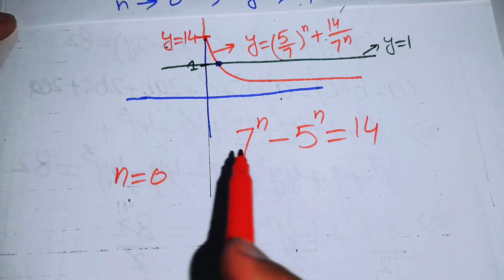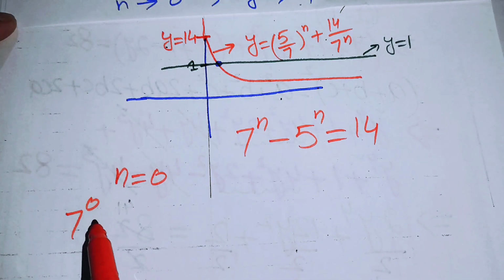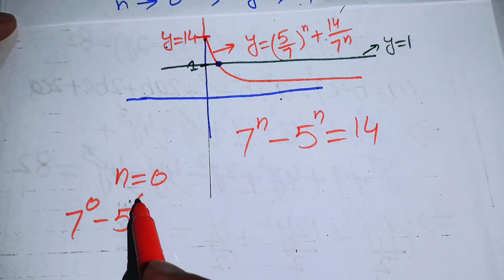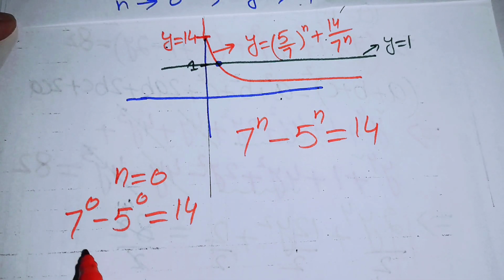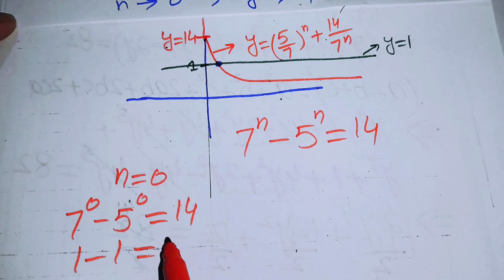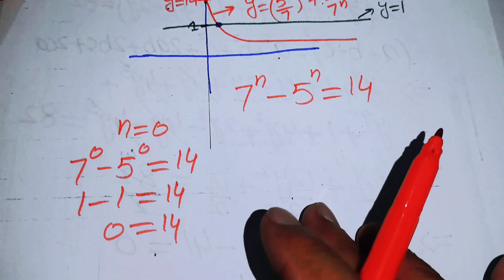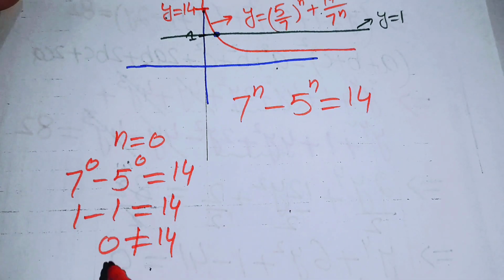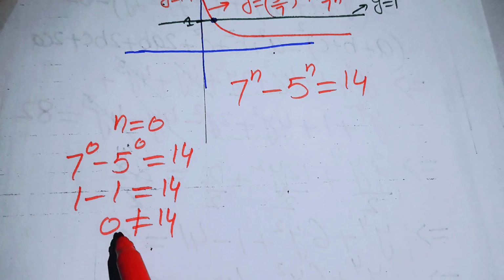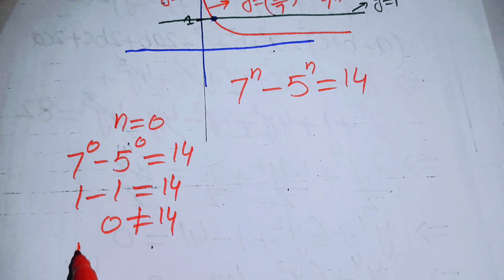When you put n is equal to 0, it becomes 7 to the power of 0 minus 5 to the power of 0 is equal to 14. Here you see that 1 minus 1 is 0, which is equal to 14. And you know that 0 is not equal to 14, so it is not possible.